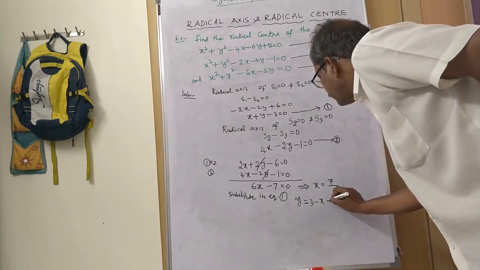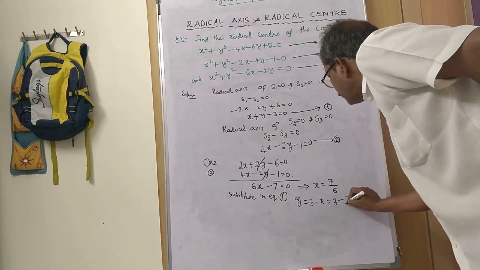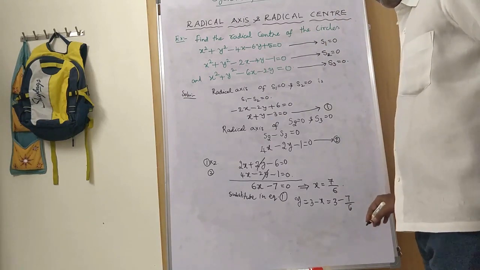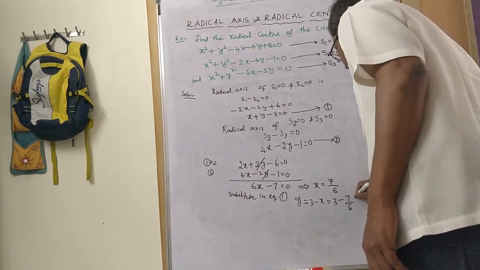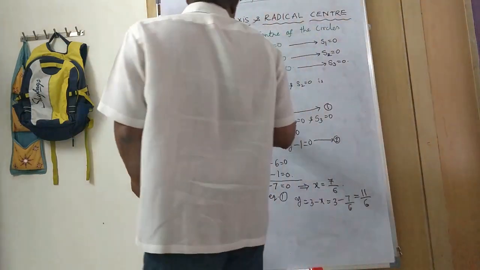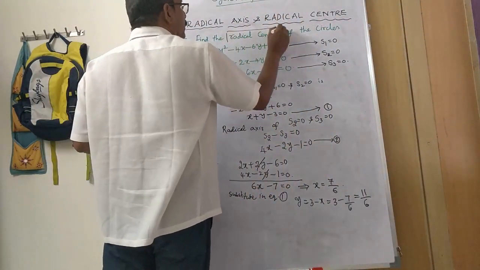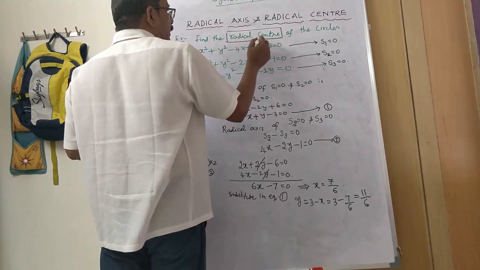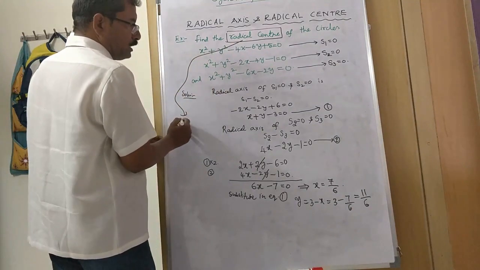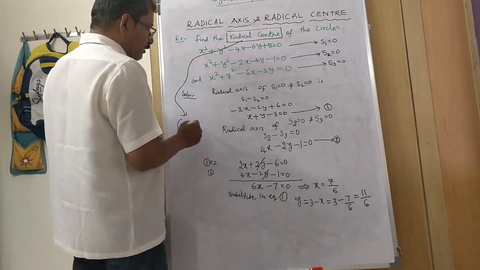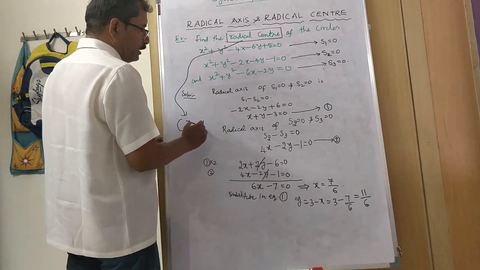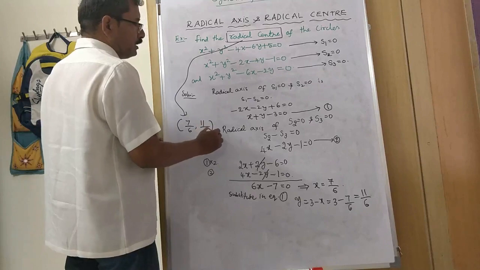That is 3 - 7/6. 6 times 3 is 18, 18 minus 7 is 11, so 11/6. So what is the radical center? The radical center of these circles is x comma y: (7/6, 11/6). This is the answer.